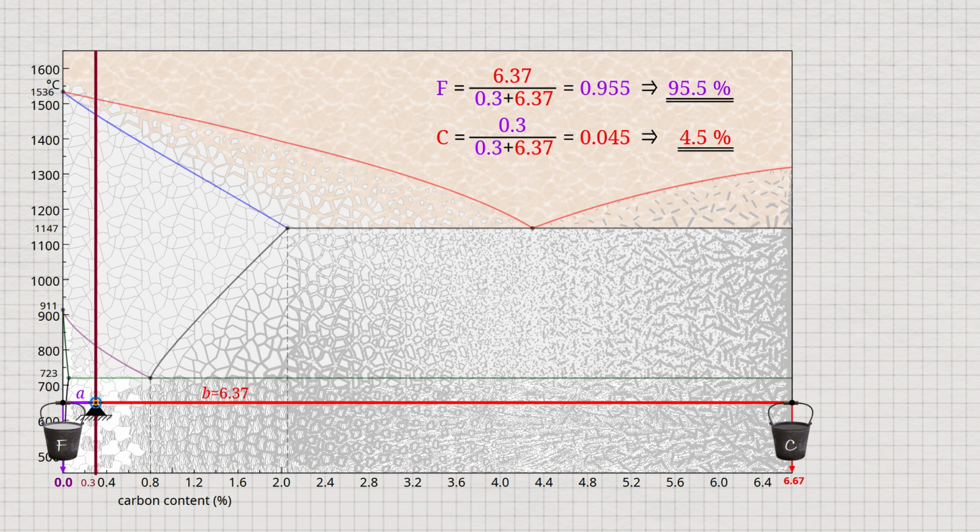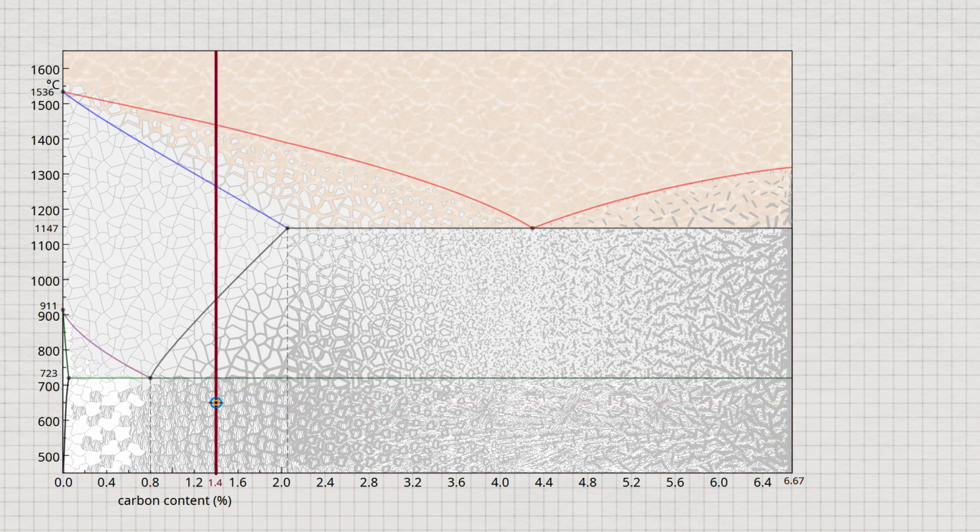Analogous to hypoeutectoid steels, the microstructural constituents of hypereutectoid steels can be determined. As an example, we consider a steel with 1.4% carbon at room temperature. As long as we again neglect the solubility of the carbon in the ferrite, we can draw in the state point somewhere below 723 degrees Celsius, since below this temperature the microstructure does not change anyway.